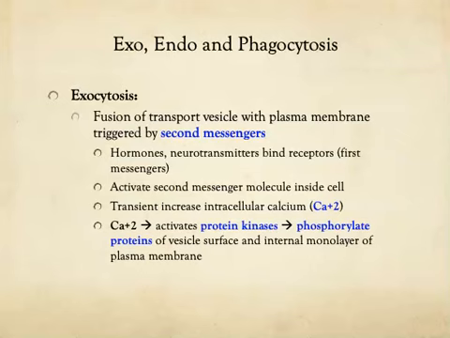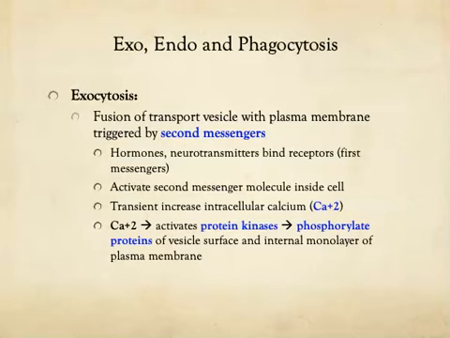Now, kinases are a fascinating family of enzymes. They are a huge family, what we call a super family of enzymes, and they have one job. That job is to phosphorylate other proteins.